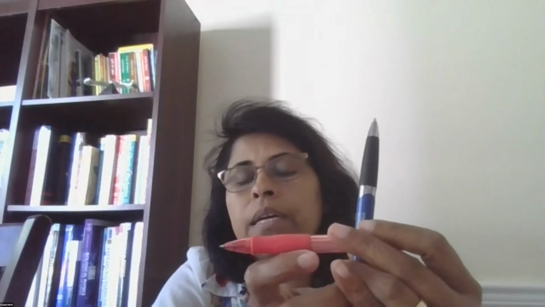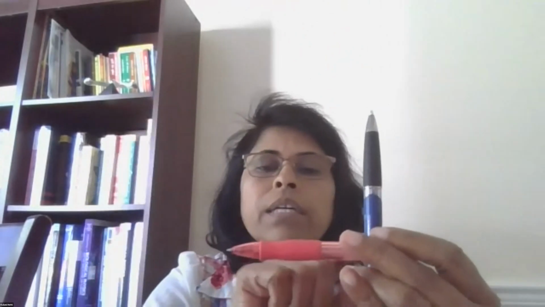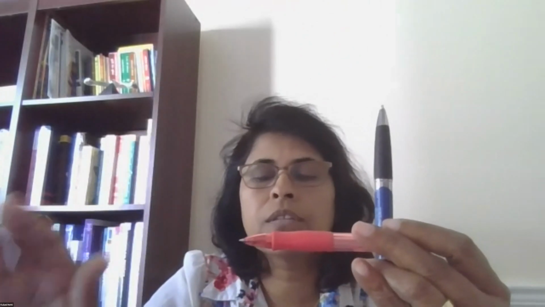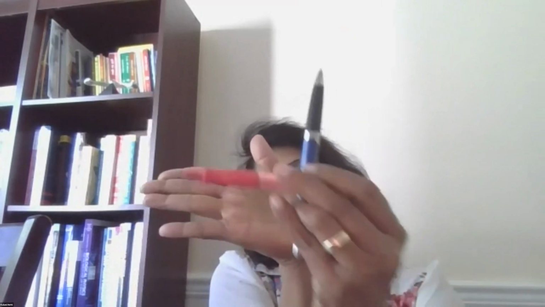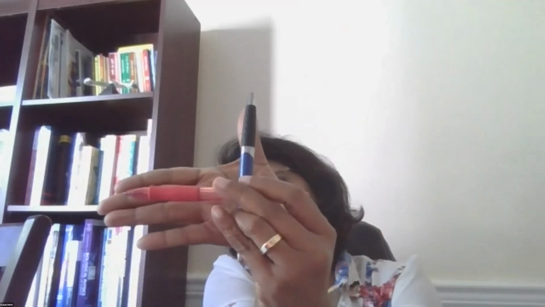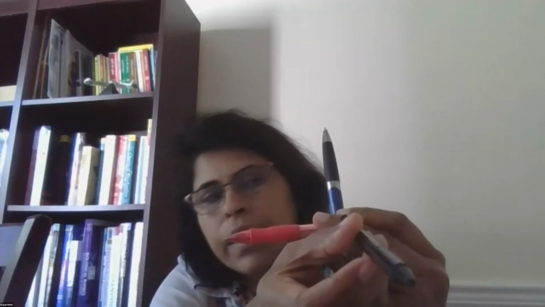Now your right-hand rule will be exactly the same. I'm doing it for a positive charge. This is the velocity direction, this will be the B direction, and the palm will open into your magnetic force direction. It will be exactly the same. That means the magnetic force will be pointing towards you, right?